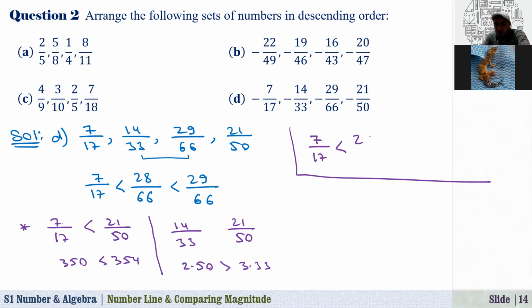So actually 28 over 66 is the second smallest, and now I need to compare this 21 over 50 with 29 over 66.